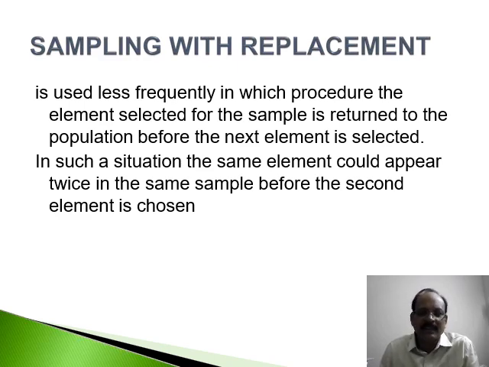Before drawing the next number, the first one drawn is also put back into the group. In such a situation, the sample element could appear twice in some samples.